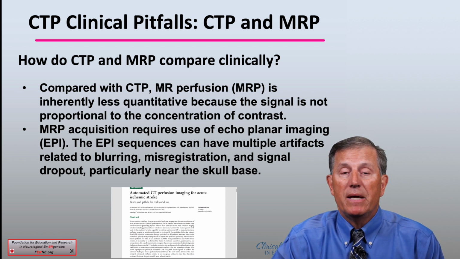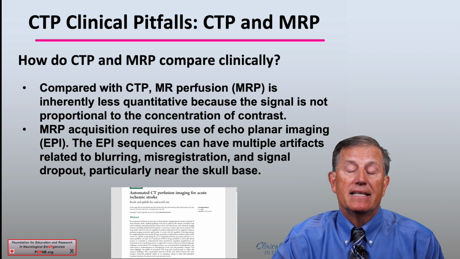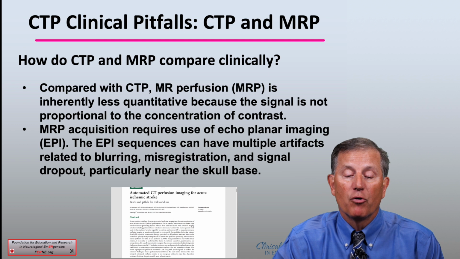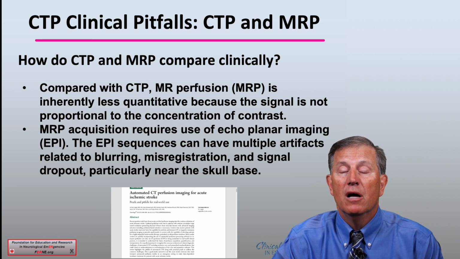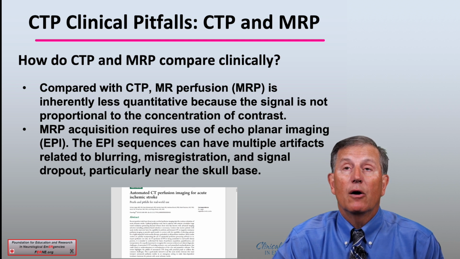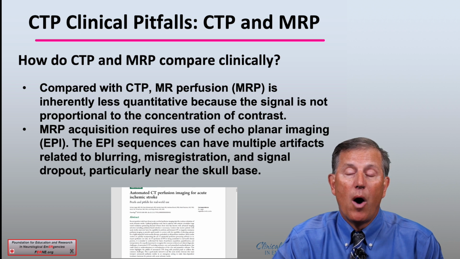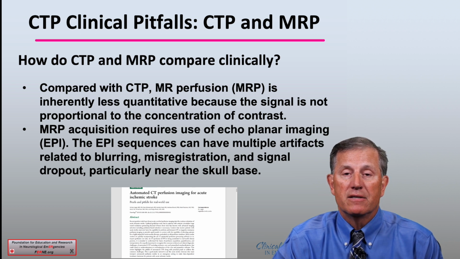Compared with CTP, MR perfusion is inherently less quantitative because the signal is not proportional to the concentration of contrast. In other words, there's no gadolinium contrast bolus that would allow you to come up with a numeric quantitation of the size of these infarcts and ischemic penumbra areas.